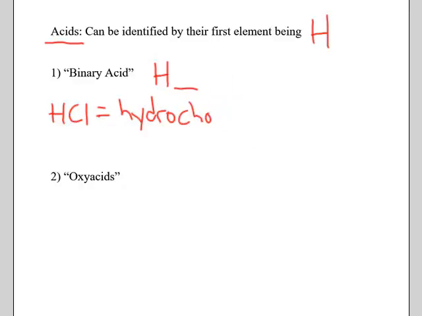So this is hydrochloric acid. Notice there's a space between the end of the hydro, in this case chloric, then a space, then the word acid. Binary doesn't just mean two atoms, because you could have a binary acid between hydrogen and sulfur.